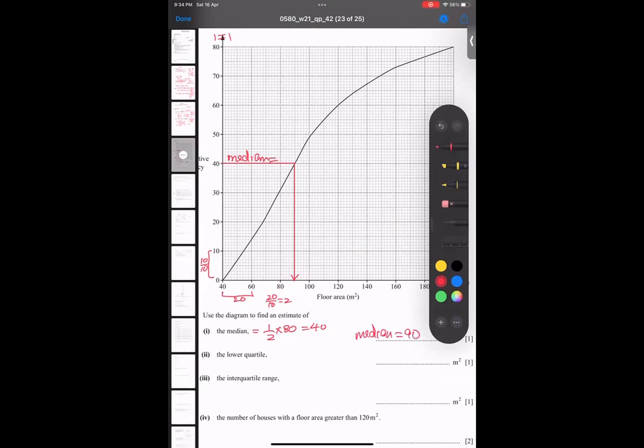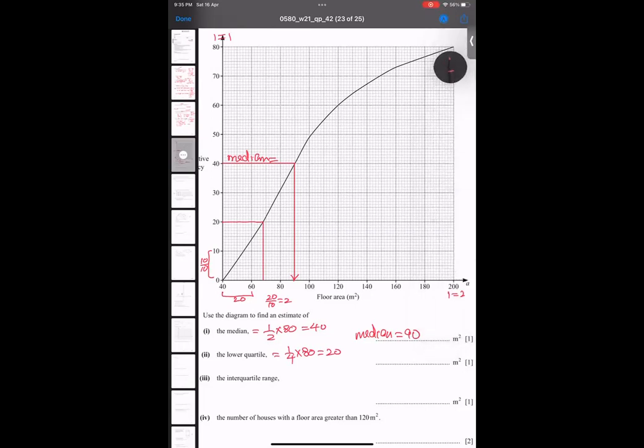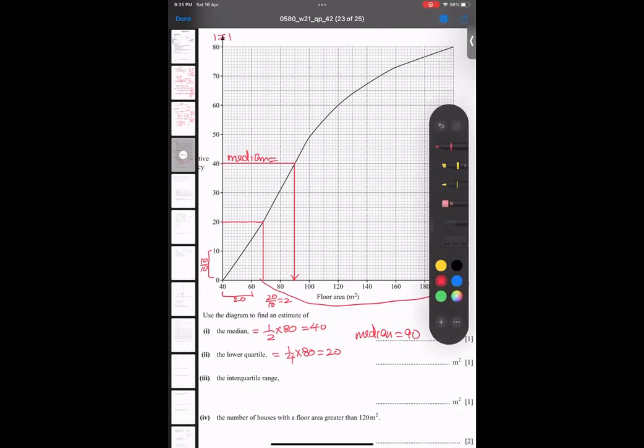Let's talk about the lower quartile. The lower quartile formula is 1/4, sorry, not 3/4, 1/4 of 80. I got 20. Where is 20? Along the y-axis, come to the curve, and then I come down from here. You can check from 60, because one box is equal to 2. It is very clear, one box is 2.